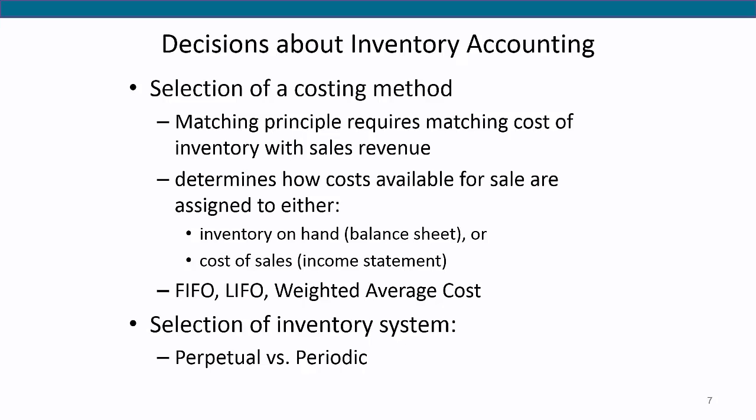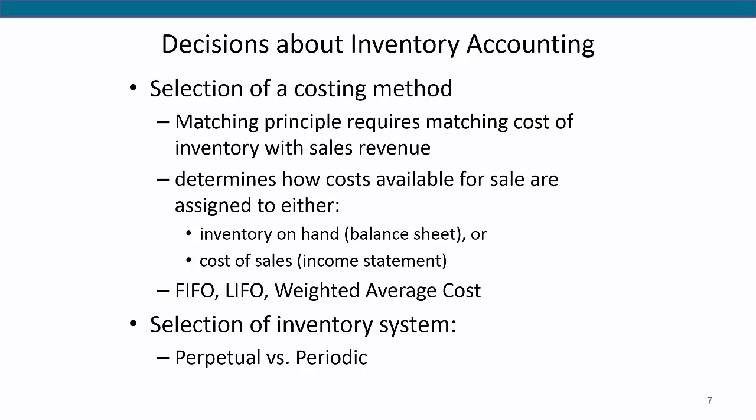Now, secondly, a company must decide how frequently it wants up-to-date information about inventory and gross profit. Companies may select either a perpetual or a periodic inventory system. In short, the periodic system waits until the end of the period to compute cost of goods sold and ending inventory.